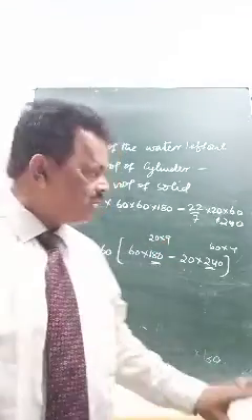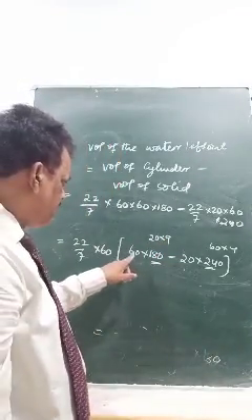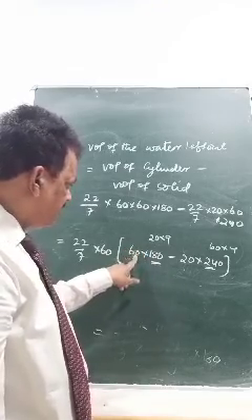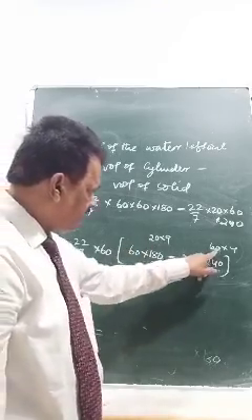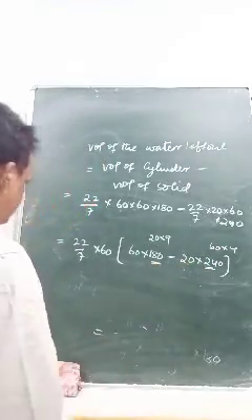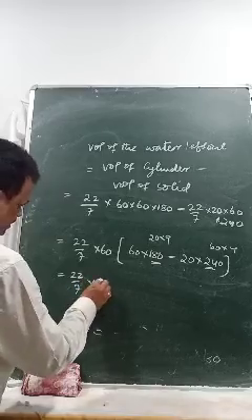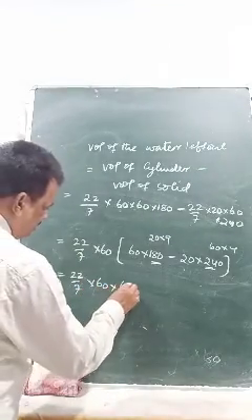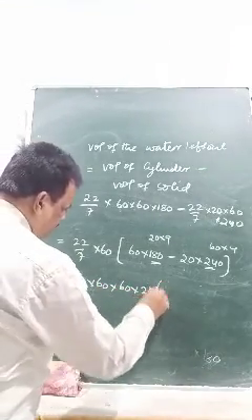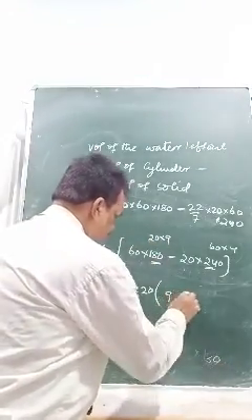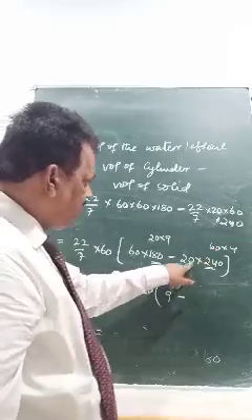Always do the calculation in a technical way. That means 60 and 20 can be taken common. Here is 60, 20, and here is also 60, 20, which means you can take out 22 by 7, 60, 20. Then common 9 and common 4.